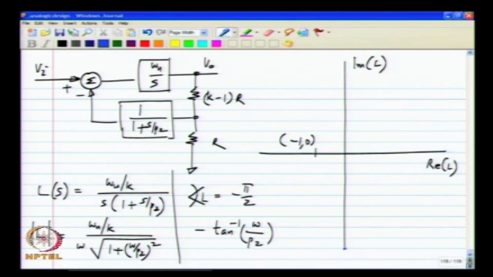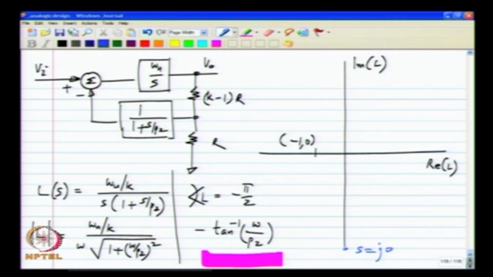So, it starts off in about the same point as the ideal case. The only difference is that in the ideal case we had a phase angle which was always minus pi by 2 and the magnitude was decreasing. Here the magnitude is decreasing, but the phase lag is also increasing. So, as omega increases, this keeps increasing, and for omega equals infinity, this second term also becomes minus pi by 2 and the angle of L asymptotically reaches minus pi.